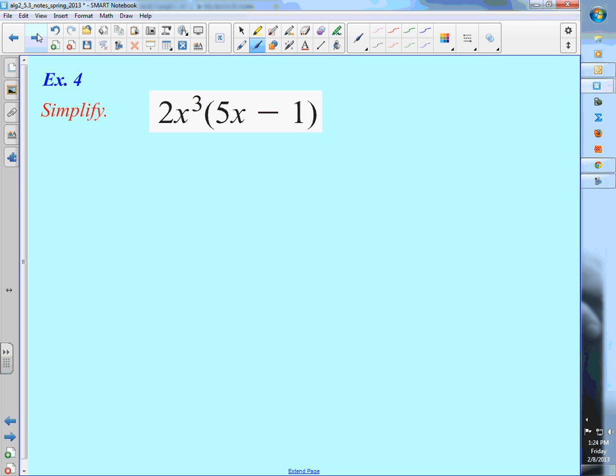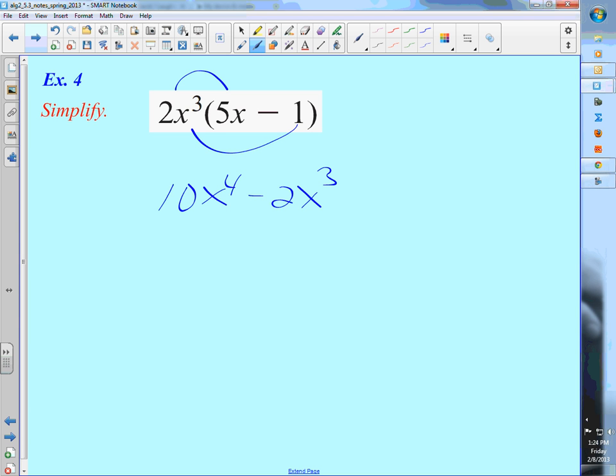What are we going to do here? You're going to distribute. And you're going to get 10x to the fourth minus 2x cubed. Now, tell me what we did. And don't use that D word. Multiply. It's so obvious you aren't even saying that's what happened.